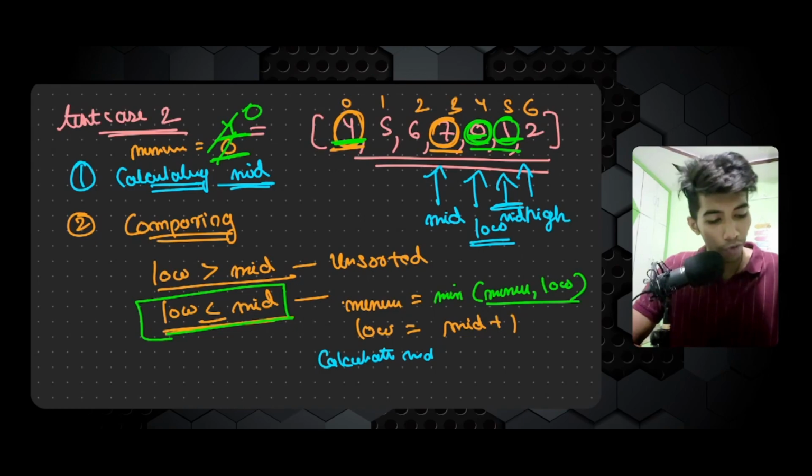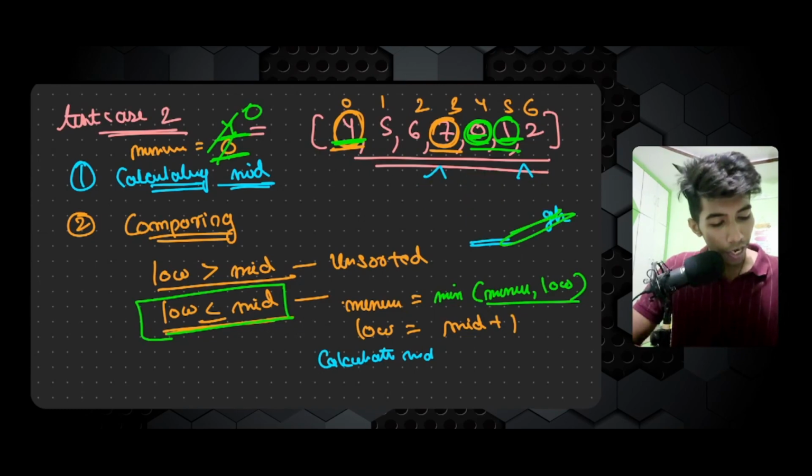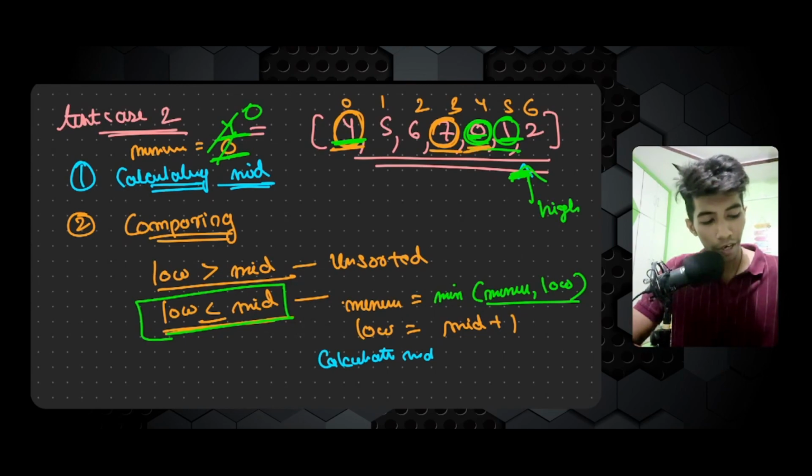After this iteration, what will happen again? Now my pointers will look like this: my high pointer will be here at 2 only, but my low pointer, which was previously here, will now be at this particular point, and my mid pointer will also be here at 2.